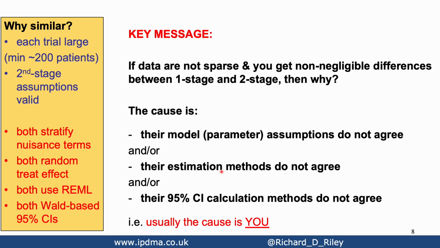So you may use REML for one method and maximum likelihood for another. Or maybe DerSimonian and Laird, the default approach to most meta-analyses in Cochrane, for example. You may use a different method for calculating confidence intervals. So usually the cause is you and not one stage or two stage per se. It's because you're doing something to make them different.